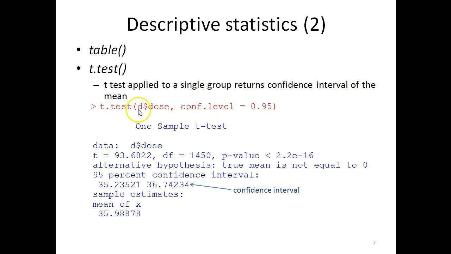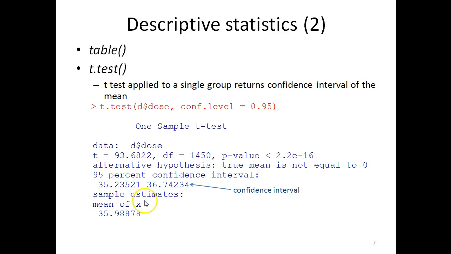You write t-test and then, in this case, a vector containing the values of which you want to calculate the confidence interval, and then the confidence level, which is by default 0.95, so you don't have to provide this either if you're interested in 95% confidence interval.